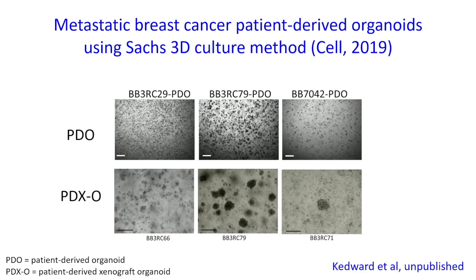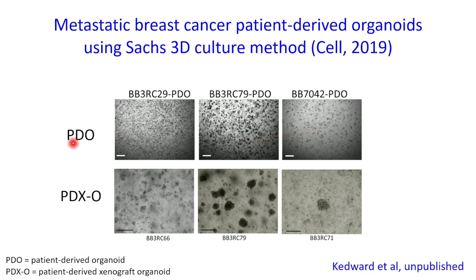But I think now, over the last few years, we've become better and better at growing these patient-derived organoids, and in particular, many people have been using this method published 4 years ago by Sachs et al., where you take patient tumors and you derive these PDOs, or patient-derived organoids, and you grow these in 3D in Matrigel, and so you can look at patient-orientated responses to radiotherapy and targeted therapy using these.